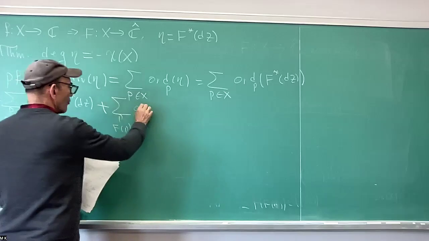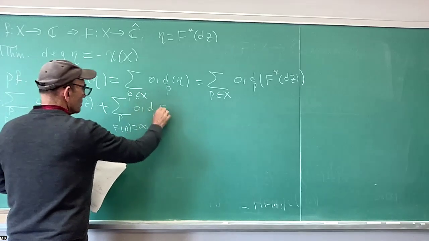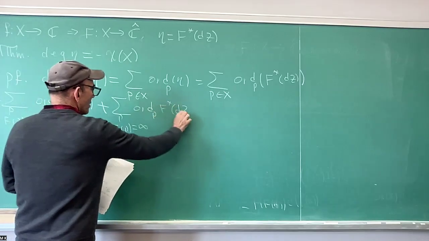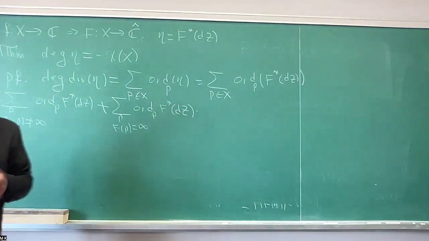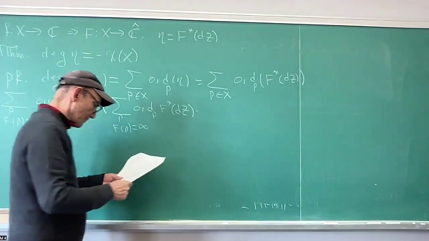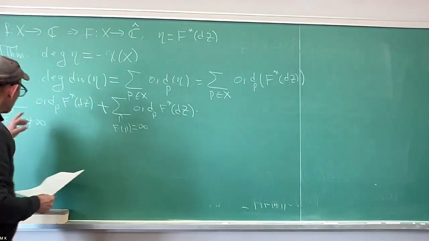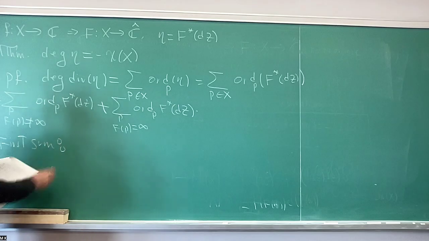Again, same form, order at p of f star of dz. I mean, dz is really, I should write omega, but that's okay. This is dz anyhow, so it doesn't matter. So now let's focus on the first sum. So what is the first sum? So let's look at the first sum.